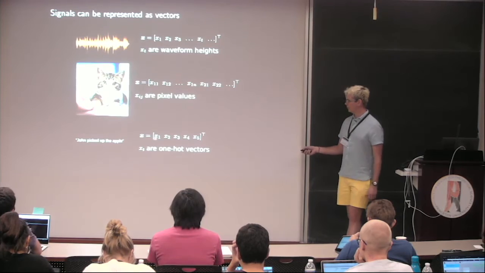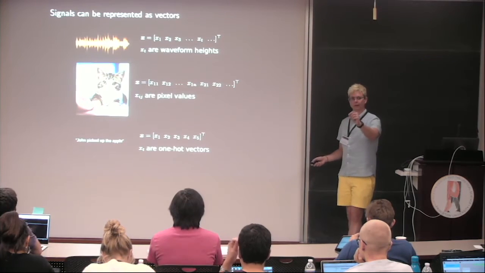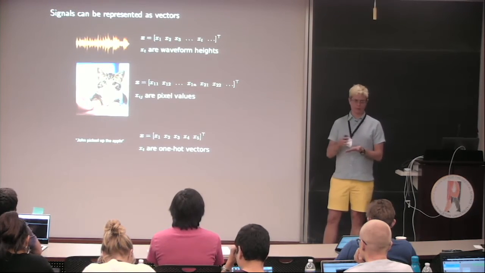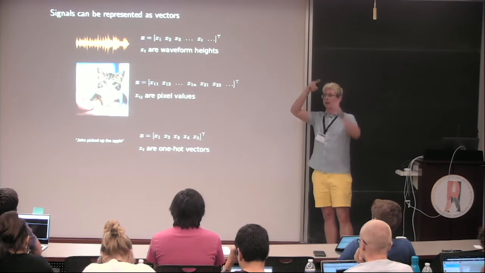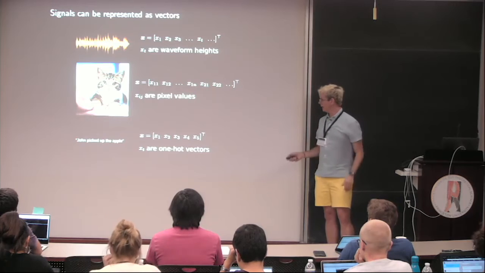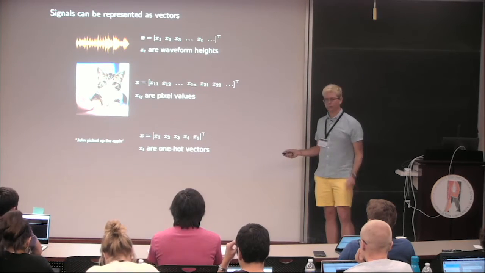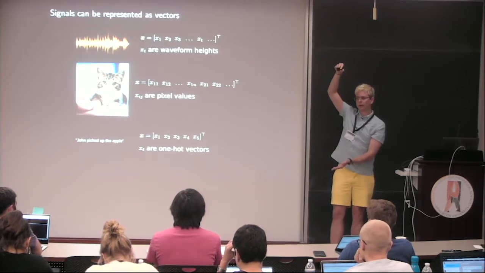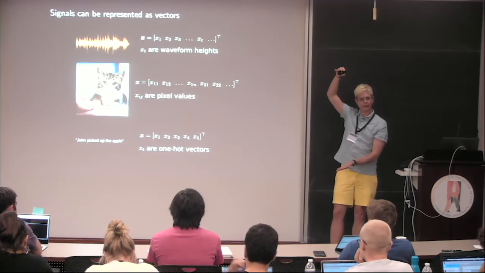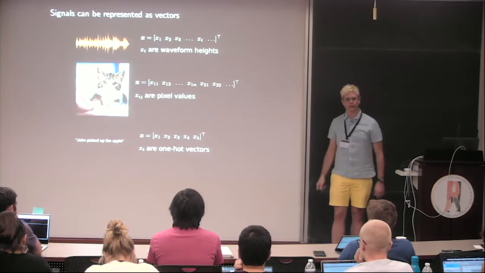You open your dictionary, you look for the word John, you count what is the position from the beginning, and that's going to correspond to the position of the one in your vector, which has the size of as many words as are in your dictionary. Okay, does it make sense? It's the one-hot encoding from yesterday.